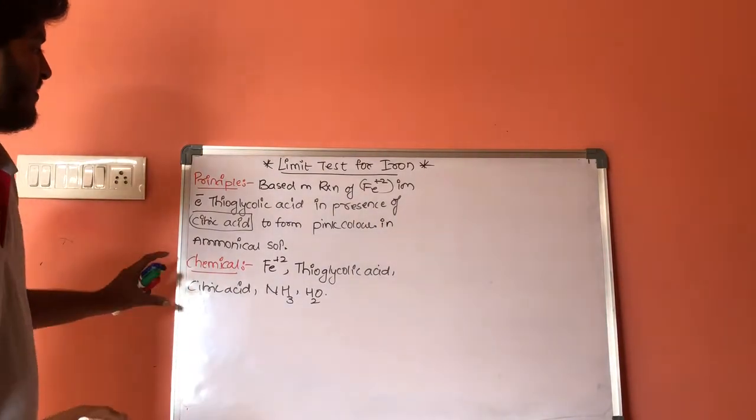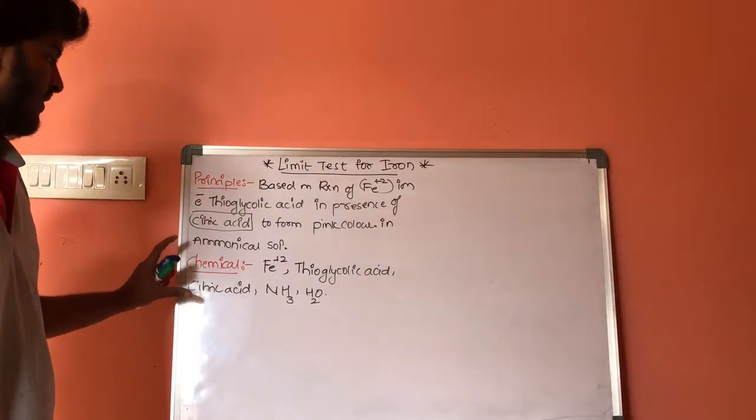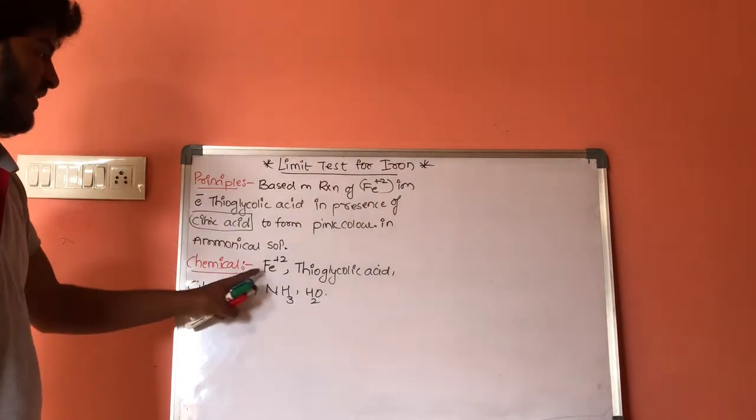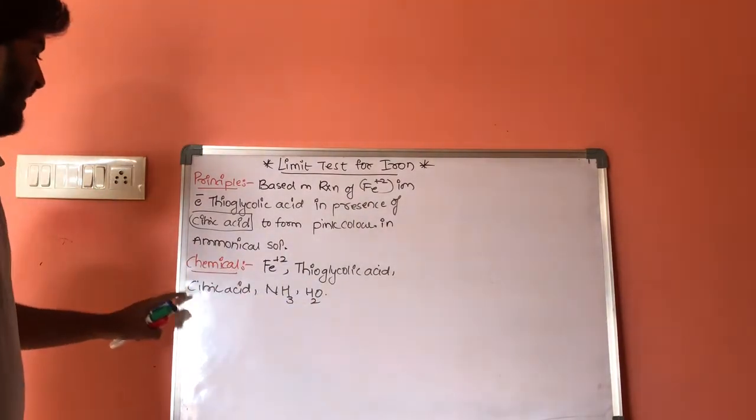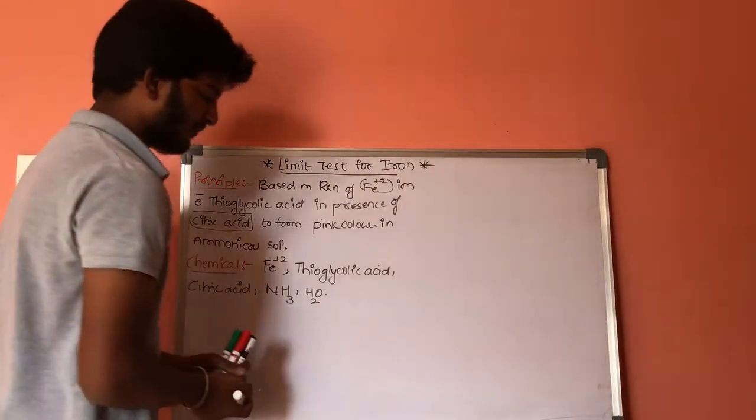These are the important chemicals which are required, that is Fe+2, thioglycolic acid, citric acid and ammonia.